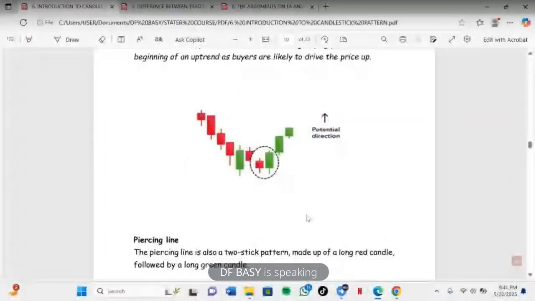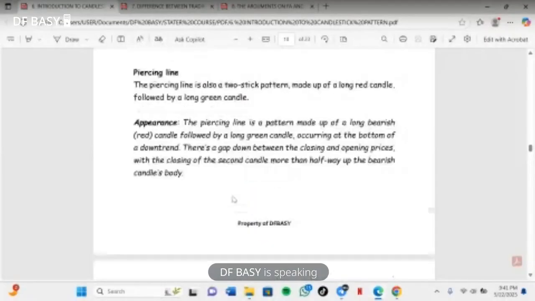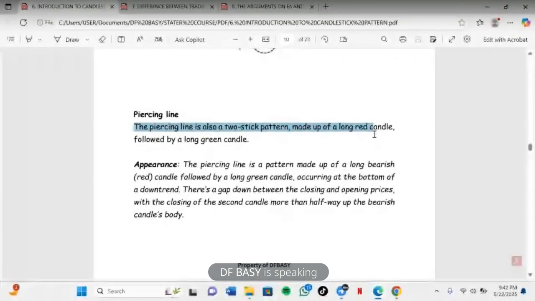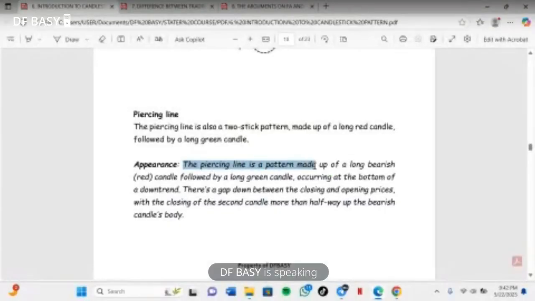Then after the bullish engulfing, we have the piercing line. The piercing line is also a two-stick pattern made up of a long red candle followed by a long green candle, right? The piercing line is a pattern made up of a long bearish red candle followed by a long green candle occurring at the bottom of a downtrend.